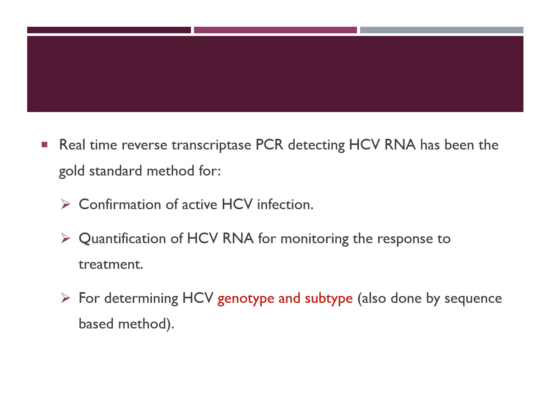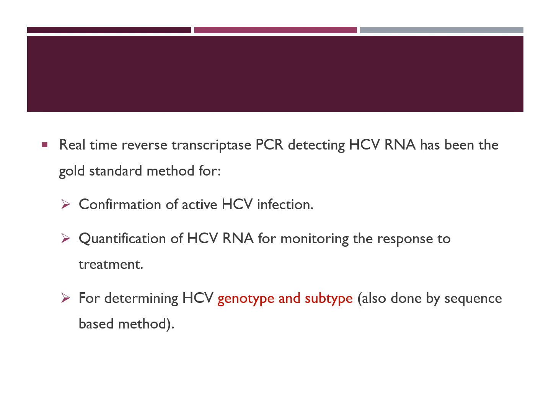Now the real time PCR, that is the RT-PCR, because it is an RNA virus, so you have reverse transcriptase PCR, and the real time method is the gold standard method for diagnosing or confirming any HCV case. Whenever you have any doubts, you can confirm the active HCV infection. When we are monitoring any positive case, we have to know the viral load also.